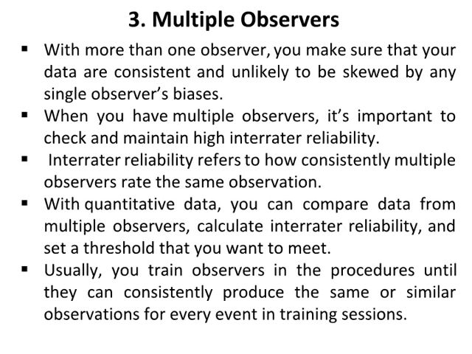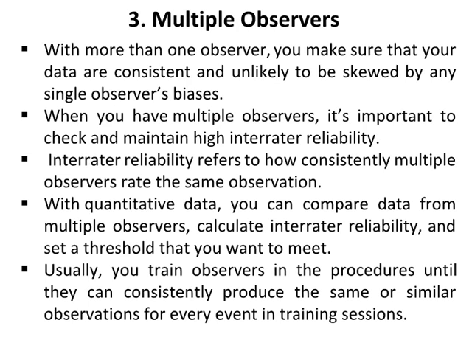Number 3 way of minimizing bias is multiple observers. With more than one observer, you make sure that your data are consistent and unlikely to be skewed by any single observer's biases. When you have multiple observers, it's important to check and maintain high inter-rater reliability. Inter-rater reliability refers to how consistently multiple observers rate the same observation.